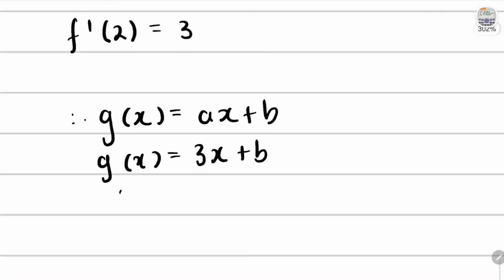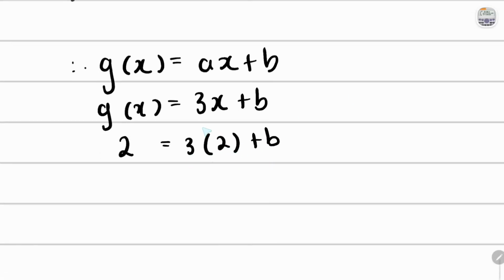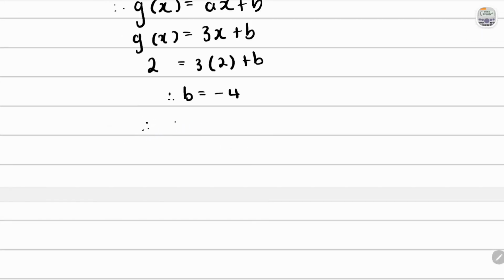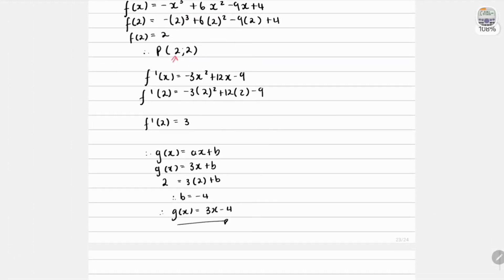So we're saying 2 as the y value is equal to 3 times 2 as the x value, plus b. That gives us 6, and if you take it over, 2 minus 6 is negative 4. So b is simply equal to negative 4. And so the equation of g is 3x minus 4. And that is our answer. That is the equation of g.